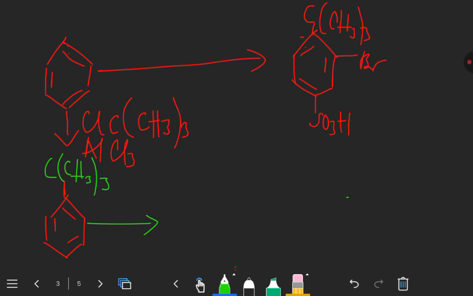Meaning that we are going to use the reagents which are involved in sulfonation. So we'll have SO3H reacting in the presence of sulfuric acid, because this is just sulfonation which took place here. As we are just interested in the reagents so that we come up with the product, it will be H2SO4, like that.